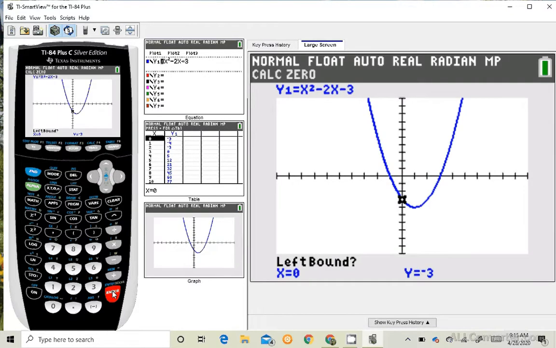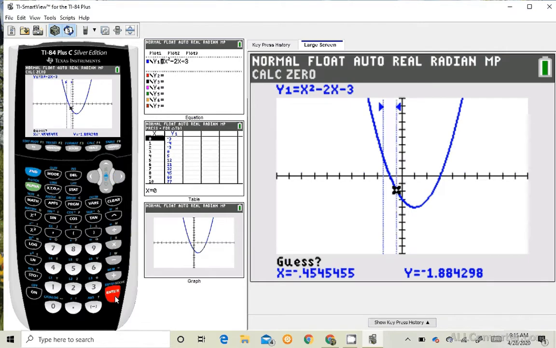And it wants to know the left side of the root or zero I'm looking for. So I just move my little blinking cursor to the left side of this first one on the left side of my parabola, and then I hit enter. And then it wants to know the right bound or right side of that. So I'm just going to move it down below, hit enter.